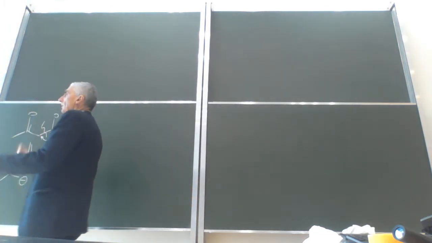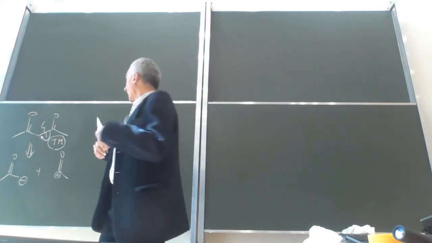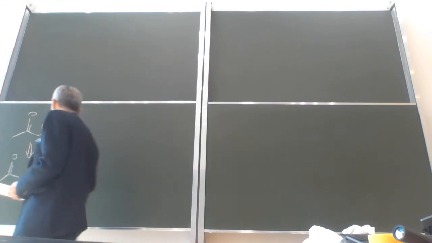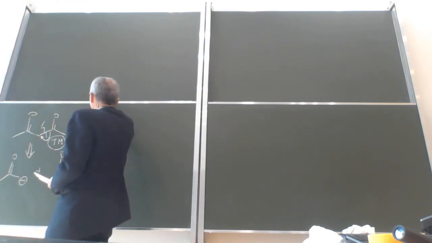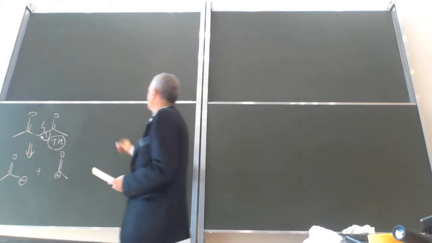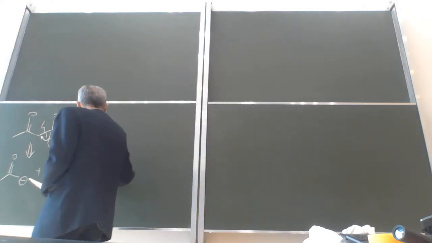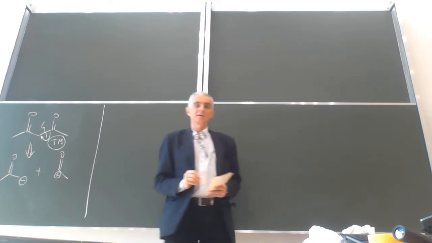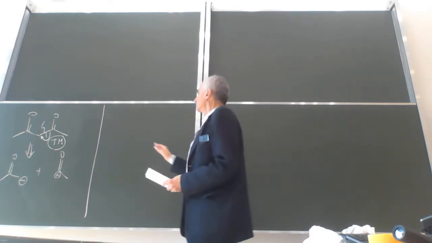So further, what we need is to convert the synthons into the reagents. Basically, what I'm suggesting is to divide your paper or the table into two sides.